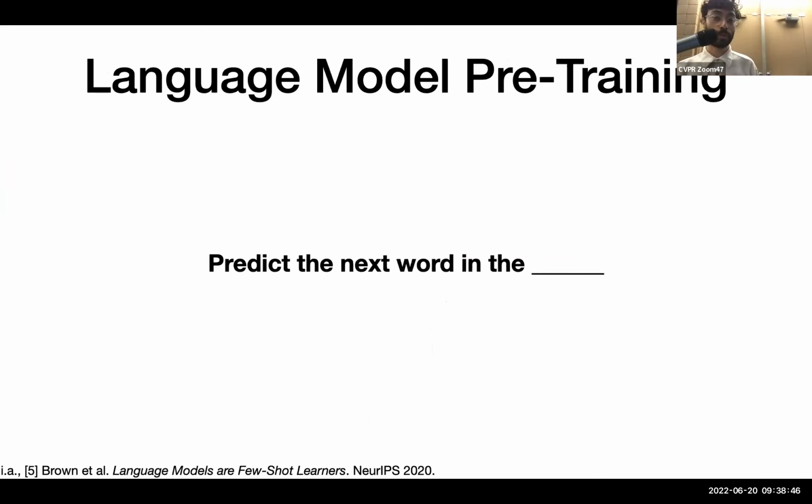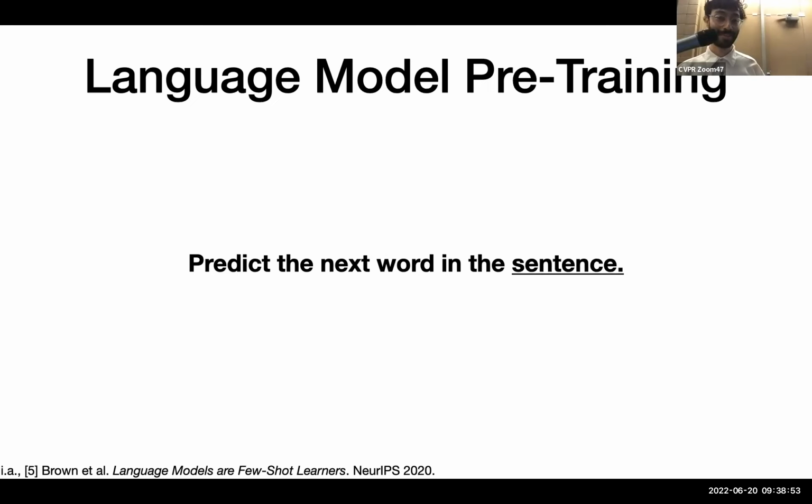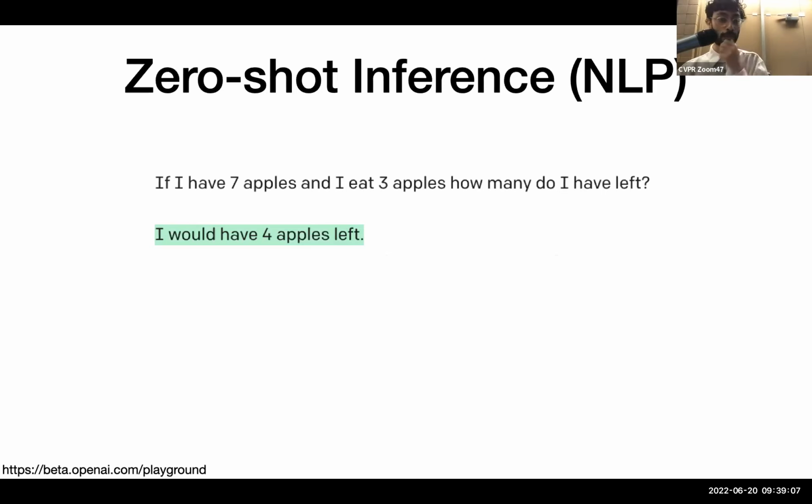With language modeling, the task is pretty straightforward. It's just to predict the next word in the sentence. By training a model to do this on very large corpora of data, it starts to learn some interesting things about language and the way that humans might pose questions and do other things. The cool thing here is that we can now do things zero shot at inference time.